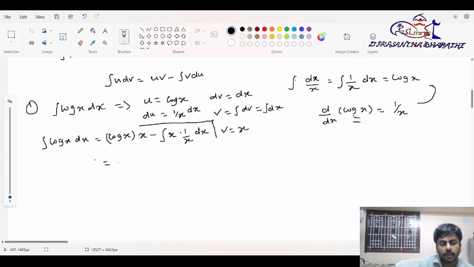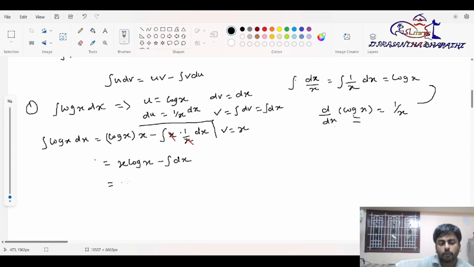Here I have x log x minus both these terms. Both these x will get cancelled. You have only the integration of dx. Since one integration symbol is still appearing, it is not possible to stop here.